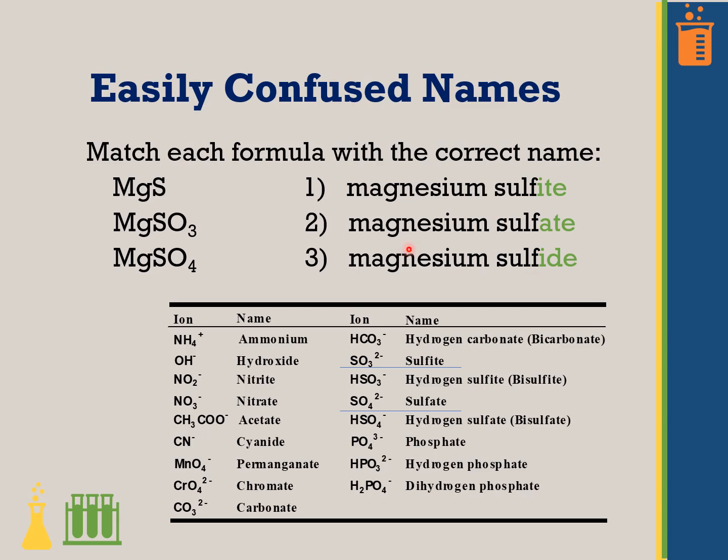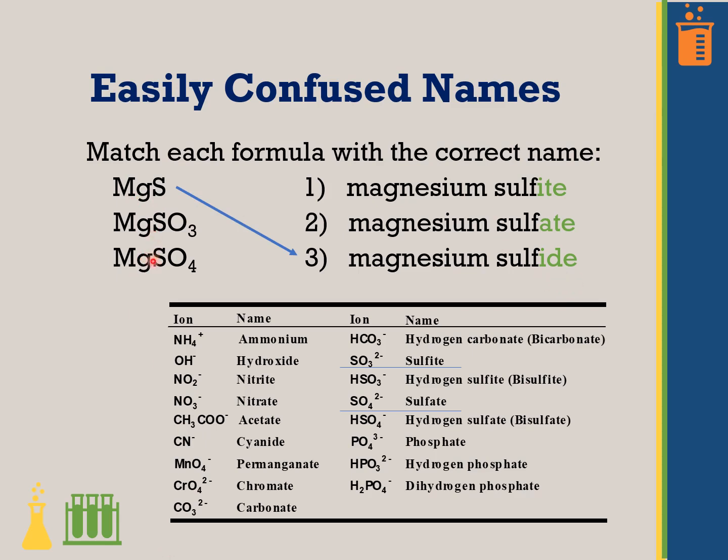So to match these, remember our rules. When we name a monatomic ion, we take the name of the element, get rid of the last suffix, and replace it with IDE. So this monatomic ion is going to have the IDE name.